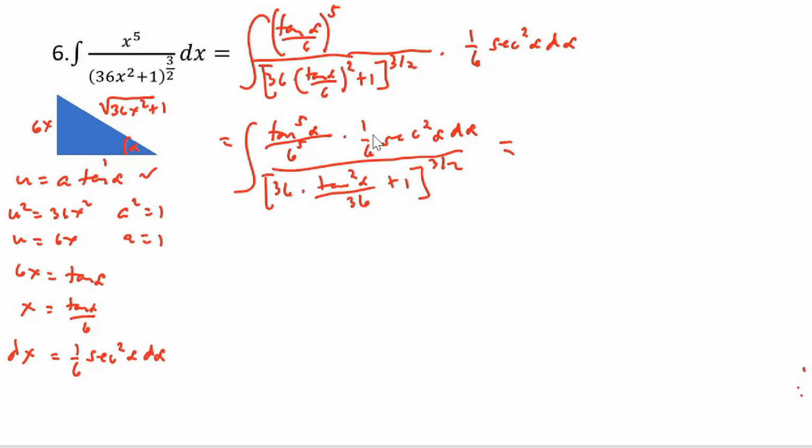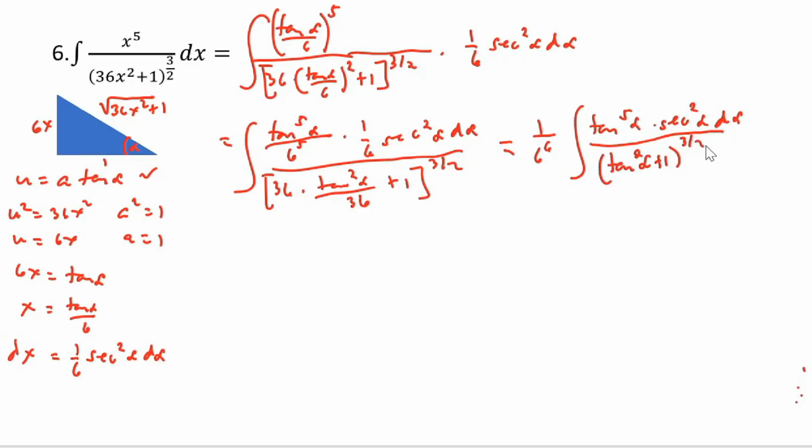Simplifying the numerical coefficients of 1 over 6 and 1 over 6 to the power of 5, it gives us the product of 1 over 6 to the 6th power times the integral of tangent to the fifth power of alpha times secant squared alpha d alpha, while the denominator is now tangent squared alpha plus 1, raised to the power of 3 halves.